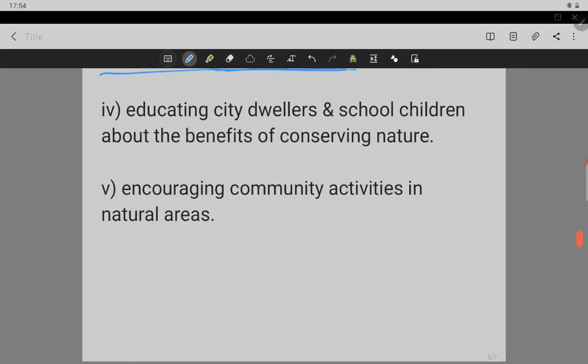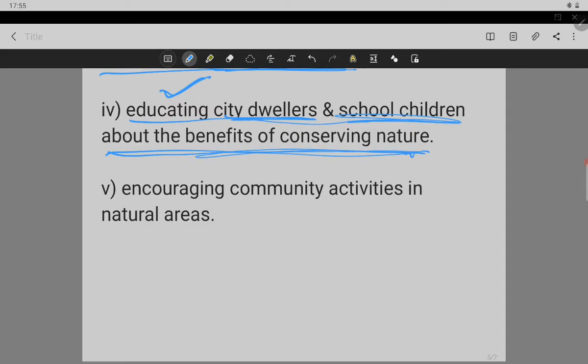The next point is educating city dwellers and school children about the benefits of conserving nature. So, education is very important. If the city people know, if the school children know all the benefits that these natural spaces give them, then they will want to conserve nature, right?